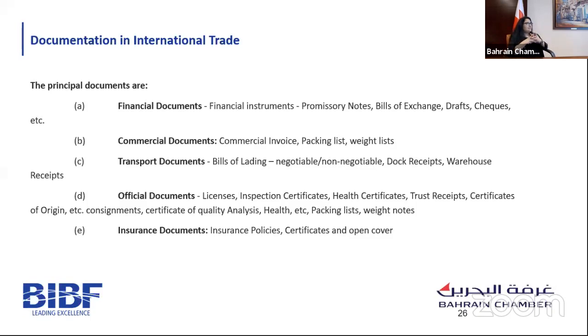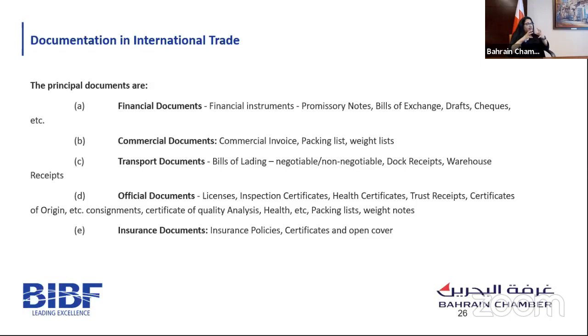As I said, many times we choose multi-modal transport. Depending on the type of transport that you have opted for, you will be given either a negotiable transport document or a non-negotiable transport document. So what's the difference between negotiable and non-negotiable?